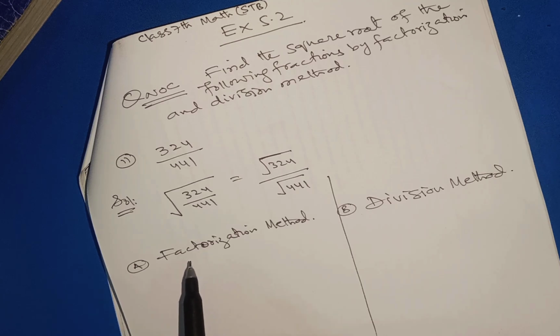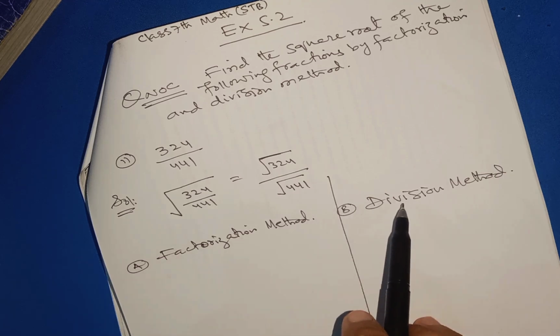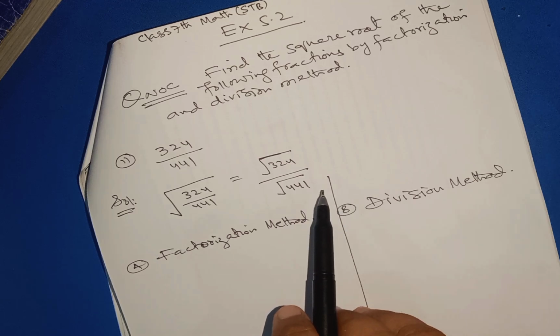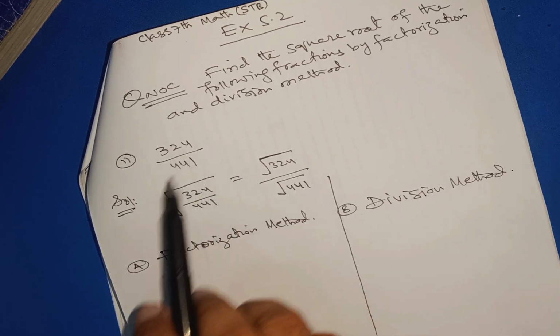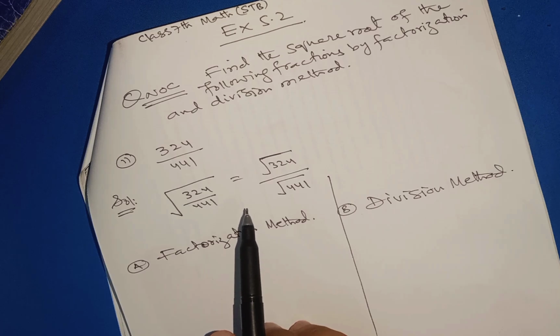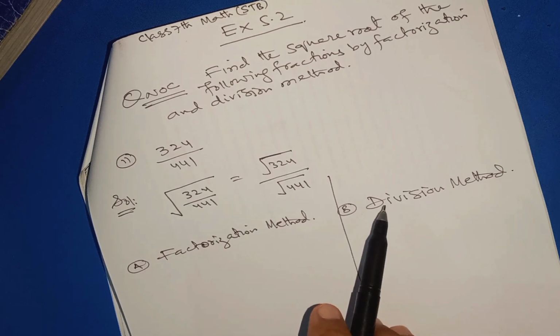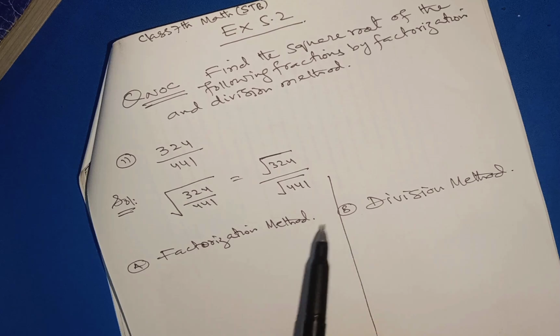But still we need another method, which is called the division method, to find the square root. Now the question is, when we have this method of factorization of finding the square roots of any number, then why did we need another method of finding the square roots?